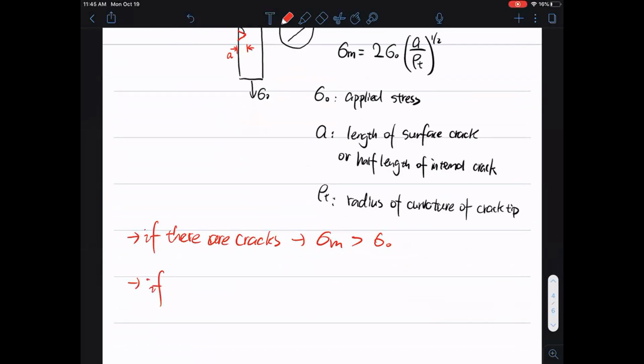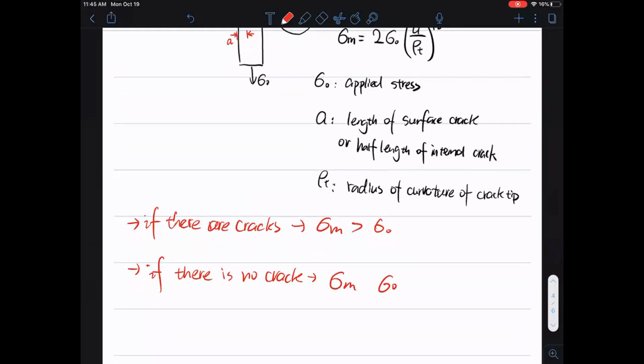Another question is, what if there's no crack? What's the relationship between sigma m and sigma naught? If there's a crack, sigma m, the actual stress inside of the material, is going to be way larger than the stress you calculated based on area and force.